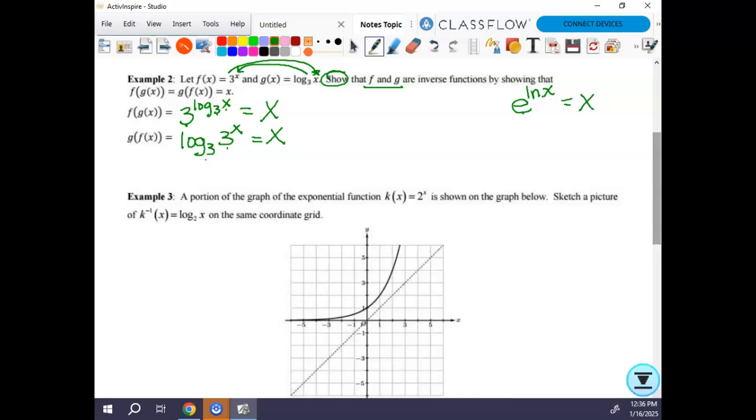I feel like I can show you this because I know these aren't brand new to you, and you might remember some stuff from logs. If I have log base 3 of 3 to the x, regardless of whether those were 3's or whatever they are, if I take the log of something with an exponent, one of the rules we have is that the exponent gets to come out front. And this gives me x times log base 3 of 3.